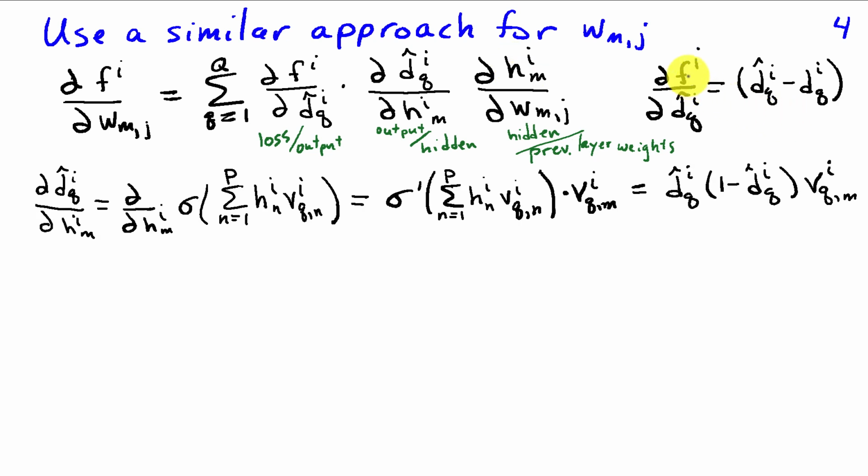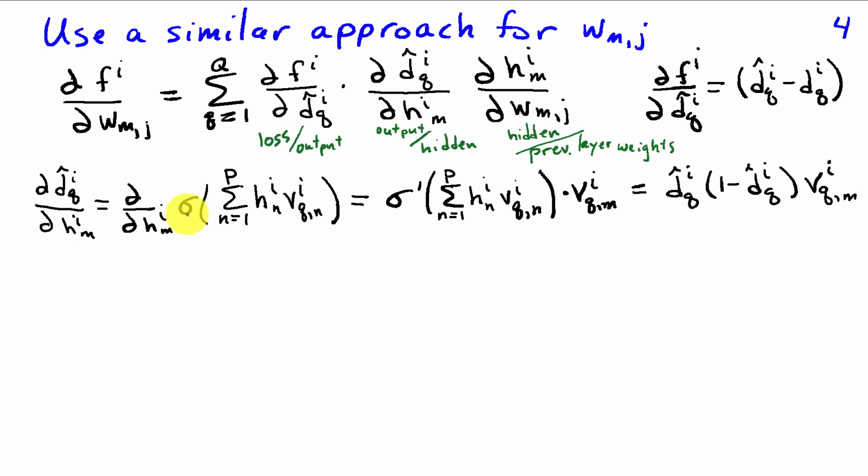We know that the derivative of the loss with respect to the qth output label is just the predicted label minus the true label, and so that takes care of this first term, and we'll look at the second term, the partial of the output label with respect to the values output by the previous layer.